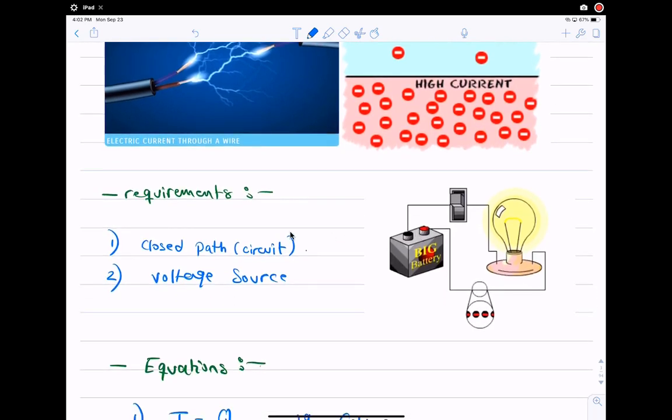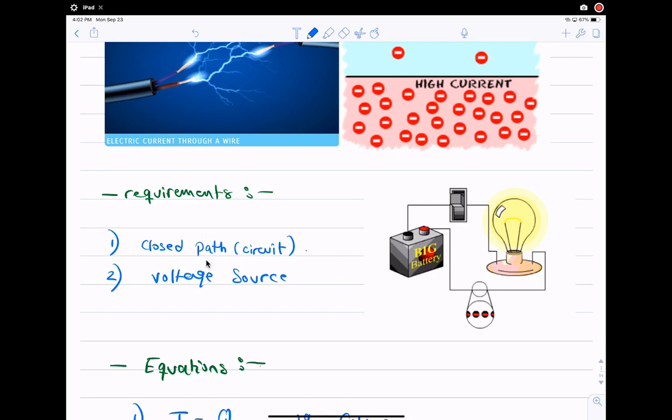For a current to move in a wire, first you have to have a closed path. So if we have this switch, if you turn on the switch, it's like you connected the wire between those two ends. And if it is connected to a power supply, a battery, then you have a closed path and you have a voltage source, which is a battery.